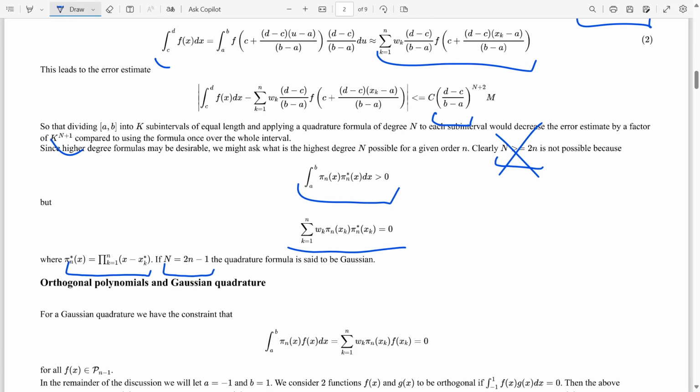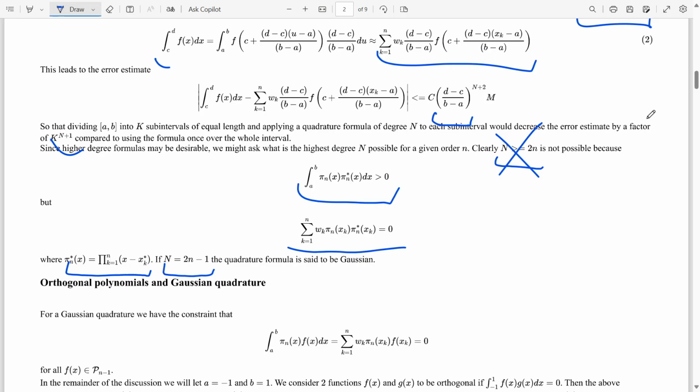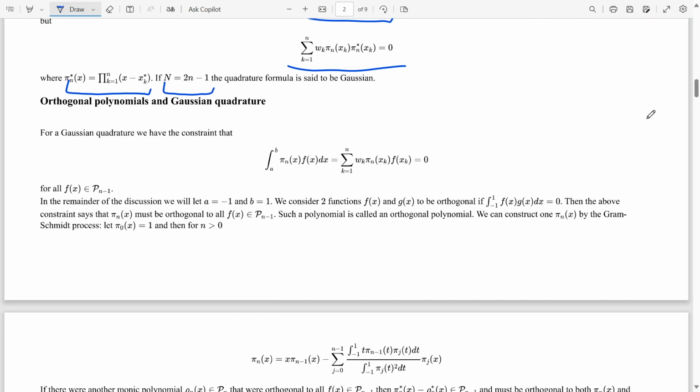We will see immediately that Gaussian quadratures imply orthogonal polynomials, so we will explain what they are and their properties. Given any polynomial of degree at most n minus 1 and a Gaussian quadrature formula, we can see that this integral must be 0.